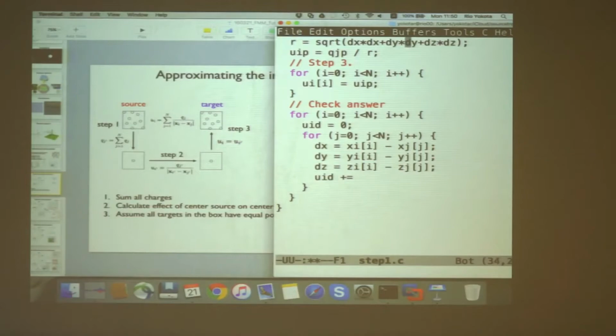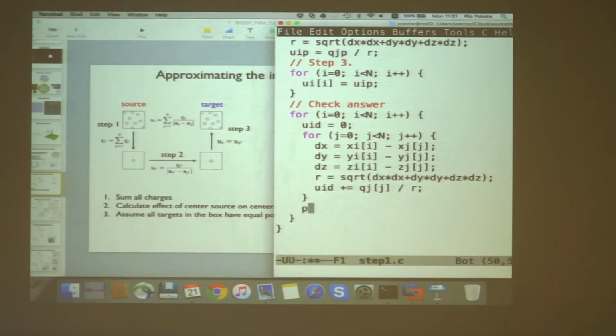Then I'm going to use this definition of r again. And then now it's easy. I just need to divide by r like this. And this is each of my UIDs, and the sum of all of these should match.